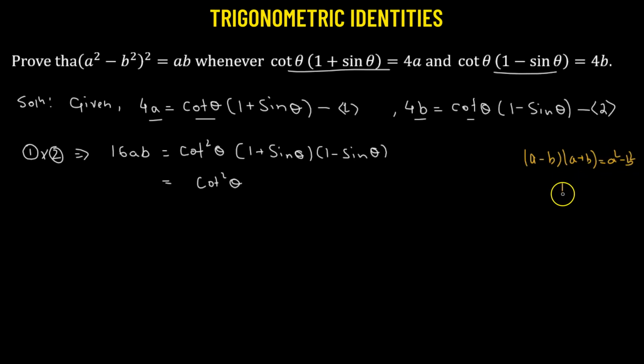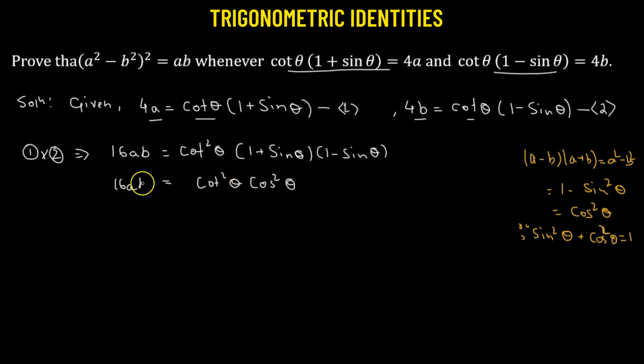So we're going to get 1 squared minus sine squared theta, which is actually cosine squared theta, since sine squared theta plus cosine squared theta equals 1. This is a standard trig identity. So (1 plus sine theta) times (1 minus sine theta) gives us cosine squared theta. So this is the value of 16ab.